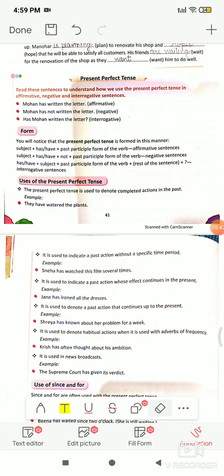Subject plus has, have. If your subject is singular, then has. If your subject is plural, then have. Then verb, third form. If it is play, play, played, played. So played will come. Go, went, gone. Mohan has gone. They have gone. So this way we use present perfect tense in sentences.